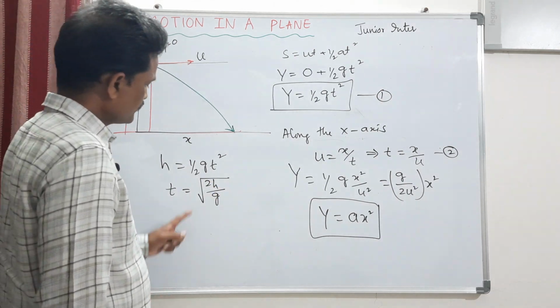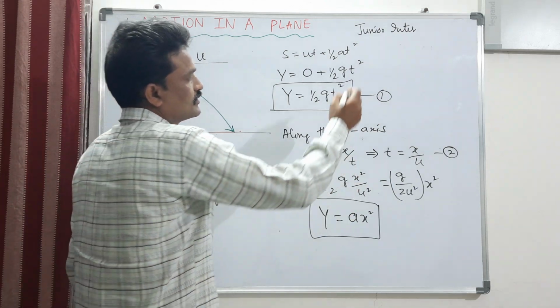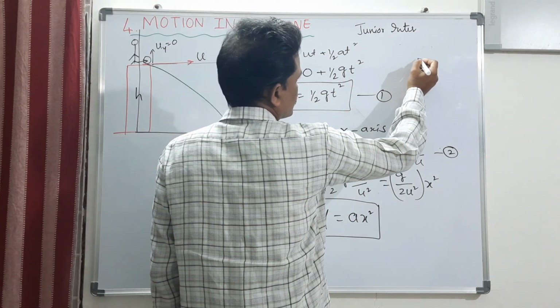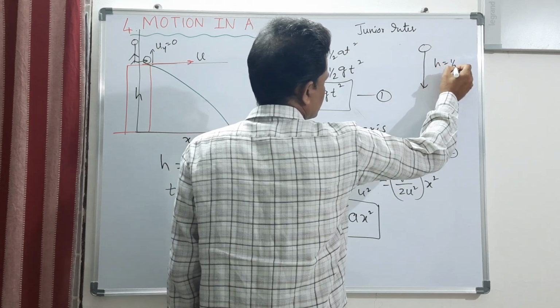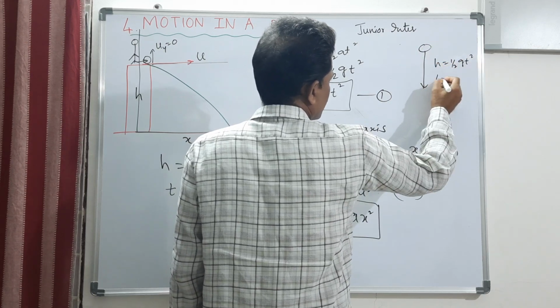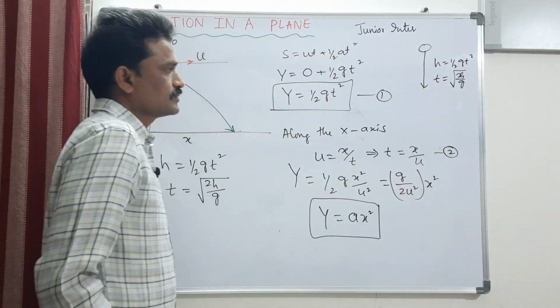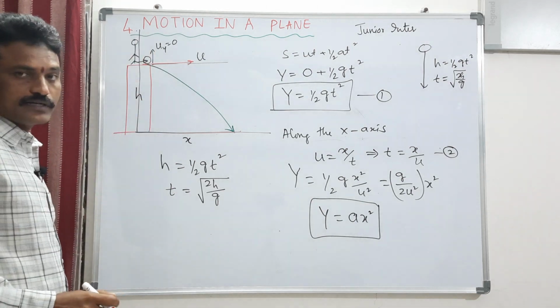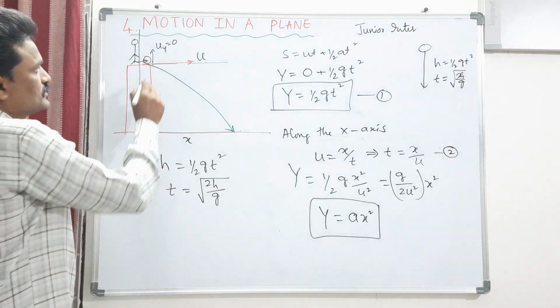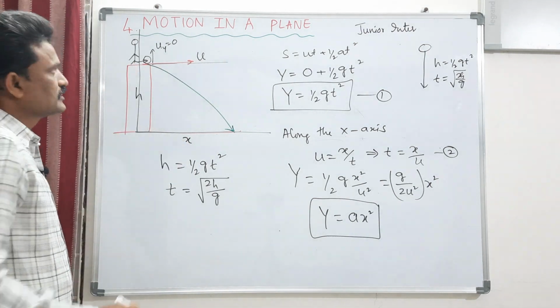Even in the case of a vertically projected object or a freely falling object from a certain height, you will get h is equal to half gt square, so you will get the same time t is equal to under root 2h by g. What does it indicate? In the absence of air, suppose you have two balls in your hands. One ball is kicked horizontally.